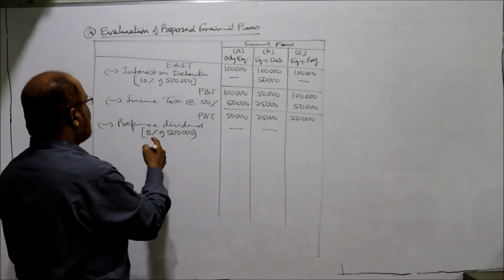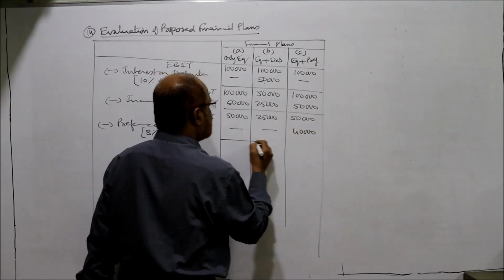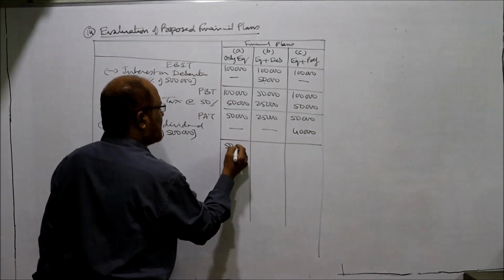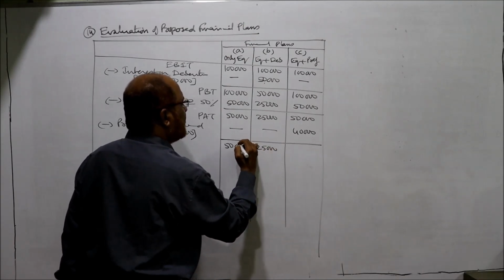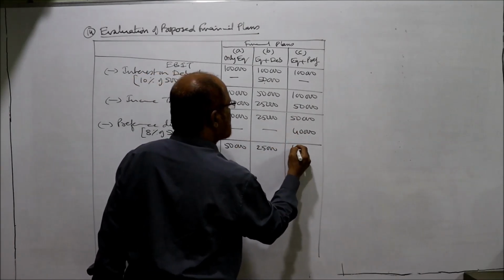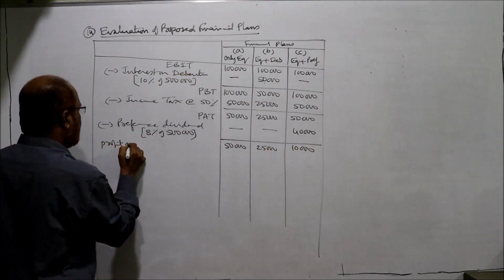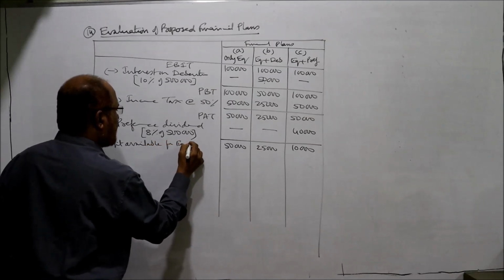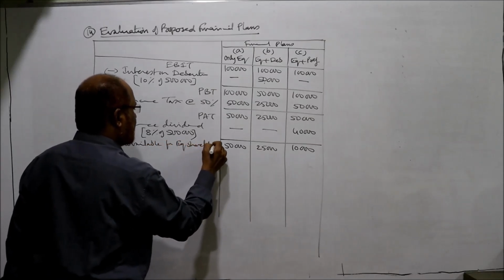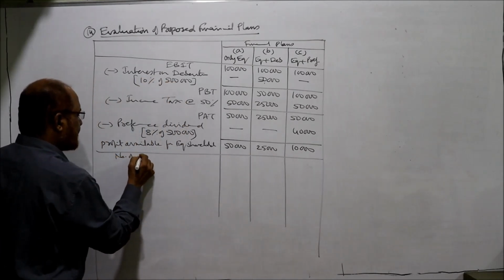So 8% of 5 lakh, 8 fives are 40,000. So it is 50,000, it is 25,000, and here it is 10,000. This is called profit available for equity shareholders. Now, number of equity shares.